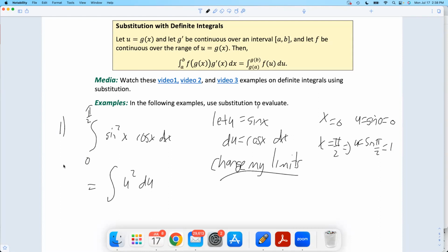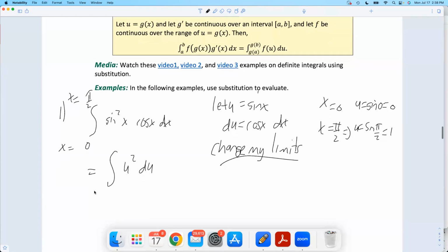So these were x limits. Now that I've switched to u, I need my u limits. When x equaled 0, u was still 0. But when x was pi over 2, u will be 1. When you're doing integration by substitution, you've got to change your limits by literally just plugging in.